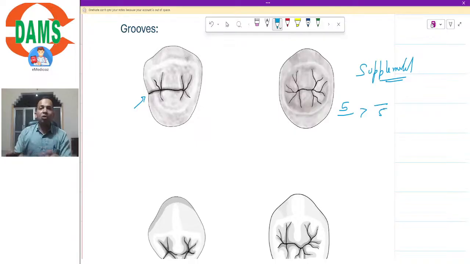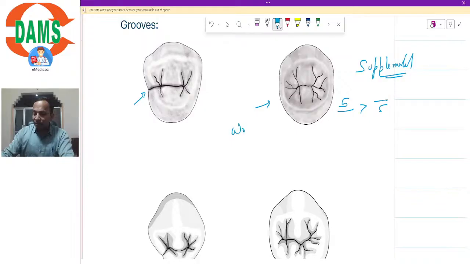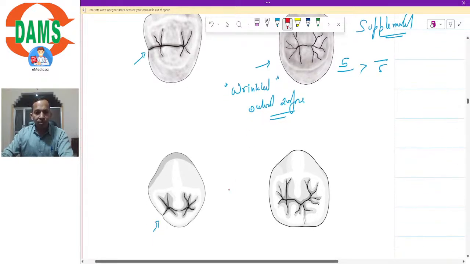So these two teeth usually present with maximum numbers of supplemental grooves. Because of the presence of supplemental grooves, the maxillary second premolar is often described as having a wrinkled occlusal surface, right? So that is all about the developmental and supplemental grooves.